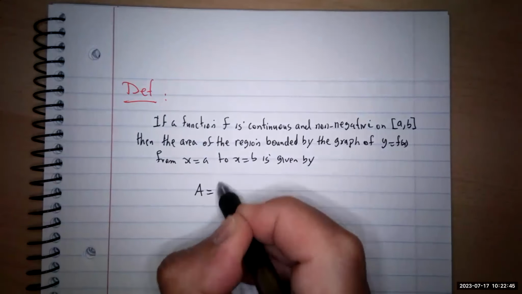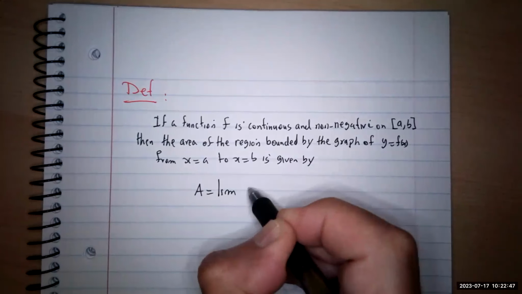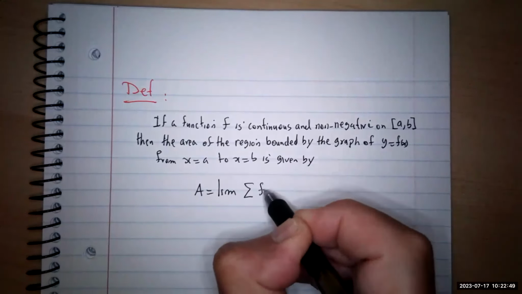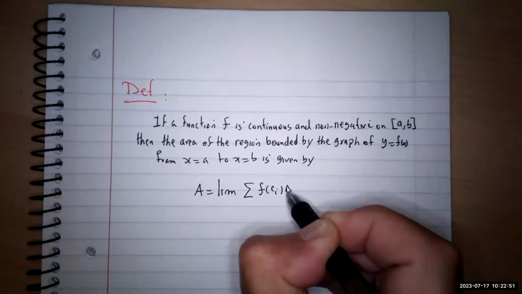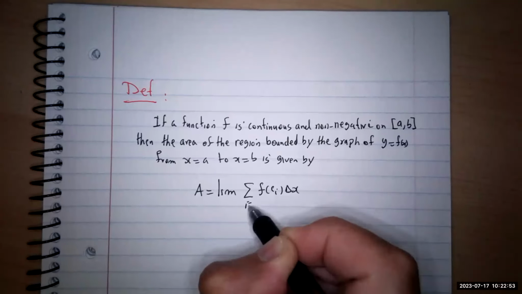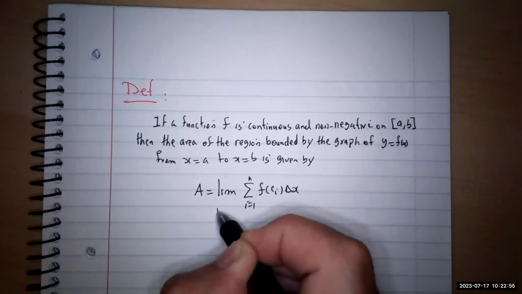A equal to the limit of the sigma f of ci delta x, i from 1 to n goes to infinity.